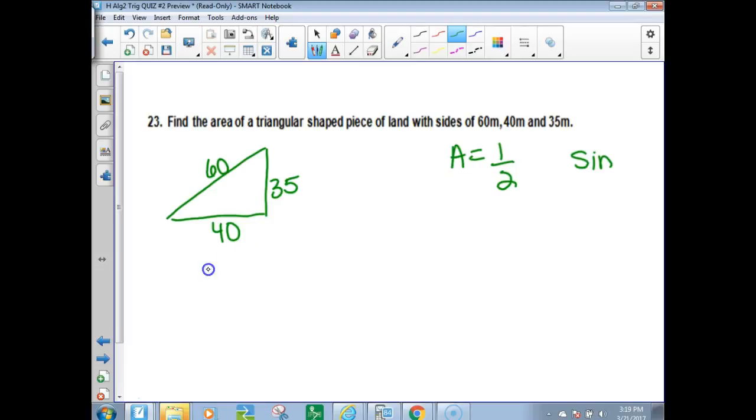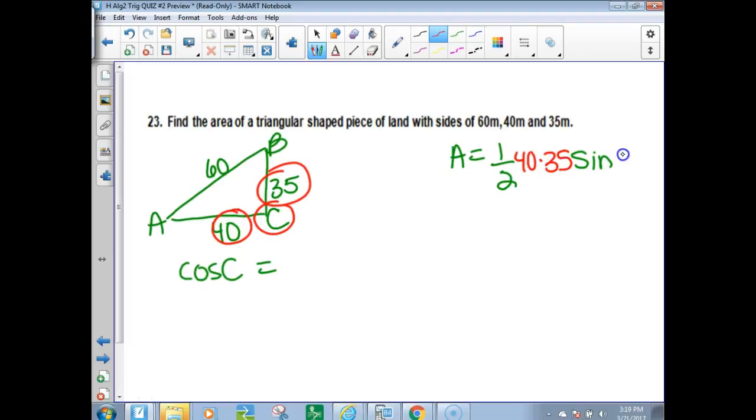We got to find an angle using the law of cosines. Okay. Let's find cosine C. All right, let's find the angle C. To find the angle C, remember your pattern? If you're going to be using these numbers, which means I will use those numbers in my area formula.